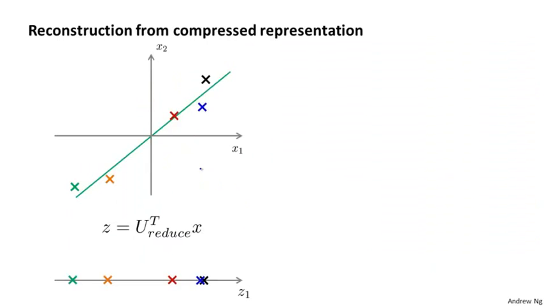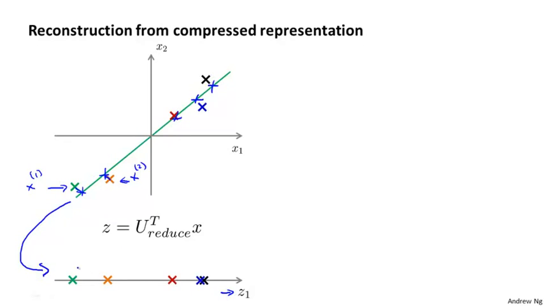In the PCA algorithm, we may have an example like this. So maybe that's my example X1, and maybe that's my example X2. And what we do is we take these examples and we project them onto this one-dimensional surface, and then now we need to use only a real number, say Z1, to specify the location of these points after they've been projected onto this one-dimensional surface.